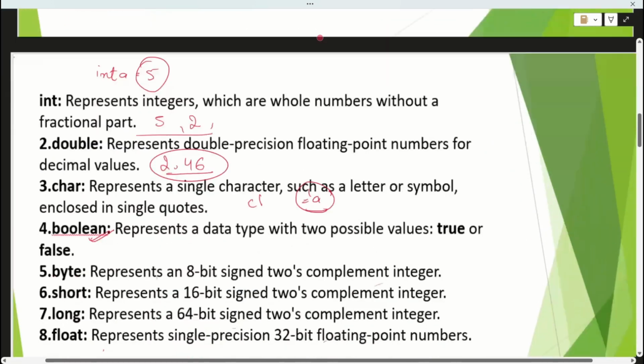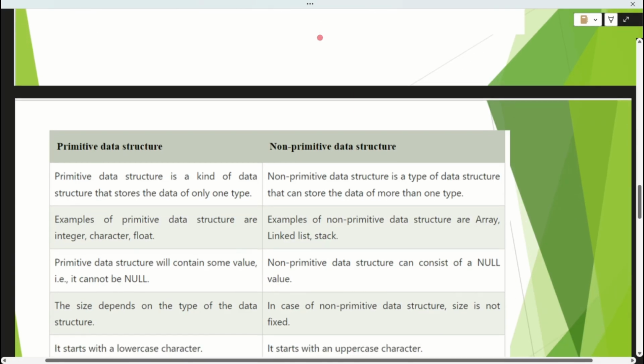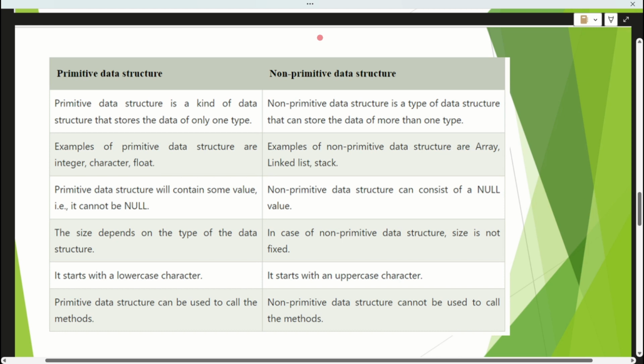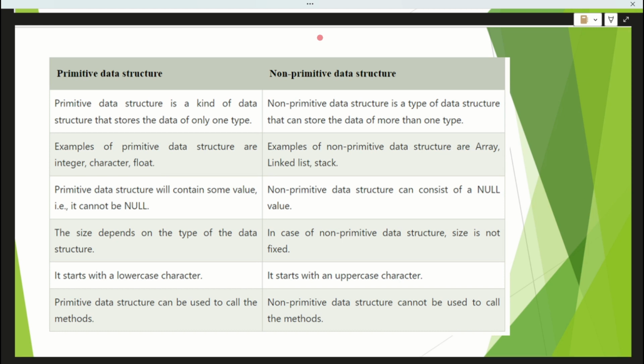Now let us discuss the difference between both of them. A primitive data type stores only one kind of data, as I discussed earlier, like int. But a non-primitive data type can store data of more than one type. Primitive data types like integer, character, float are one kind of data.